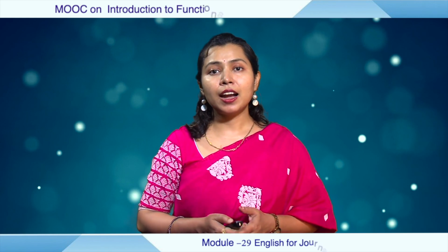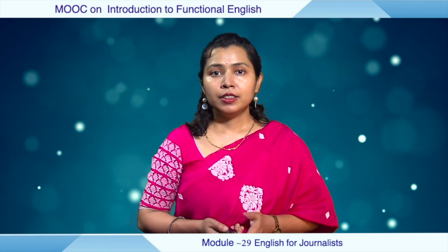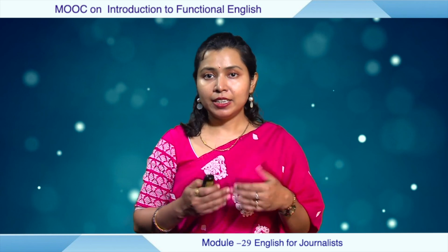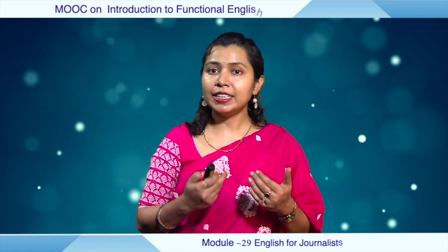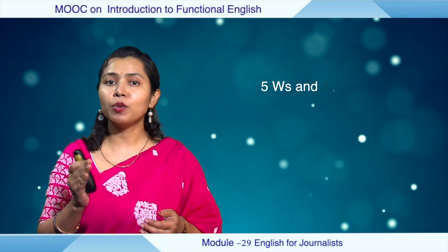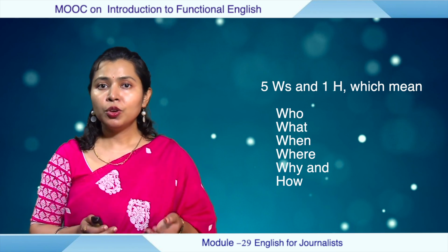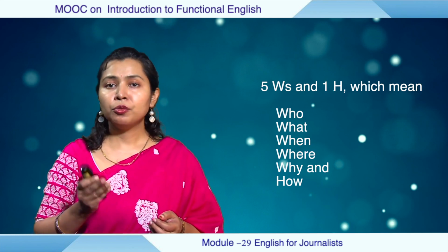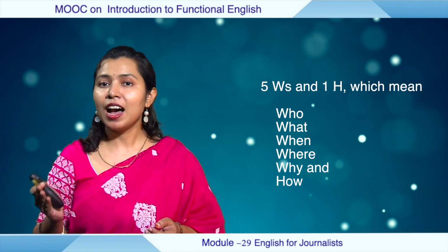The news stories are written using 5 W's and 1 H. The first paragraph, or the lead that we are talking about, is the first paragraph of a news story, and it carries the 5 W's and 1 H. The 5 W's mean who, what, when, where, and why, and the 1 H means how.